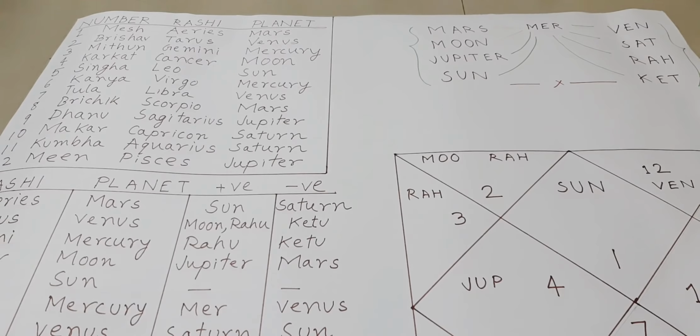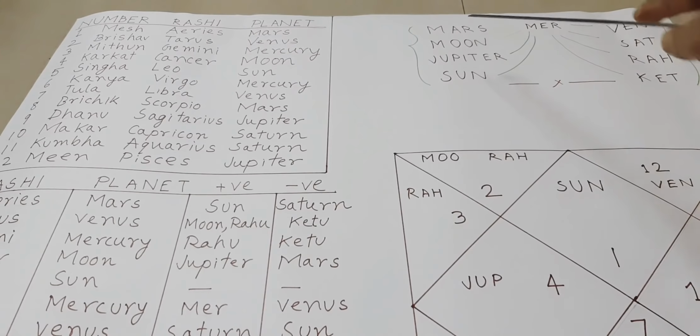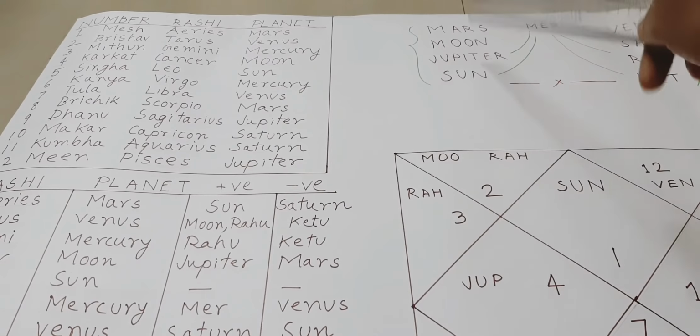Okay, there are two groups of planets. In one group we have Mars, Moon, Jupiter and Sun. And in the other group we have Venus, Saturn, Rahu and Ketu. Planets of this group are always friends. So one planet is always friend with the other 3 planets. And the same thing applies to this group as well.